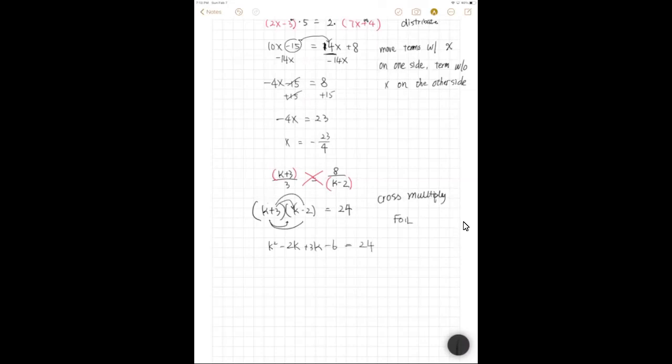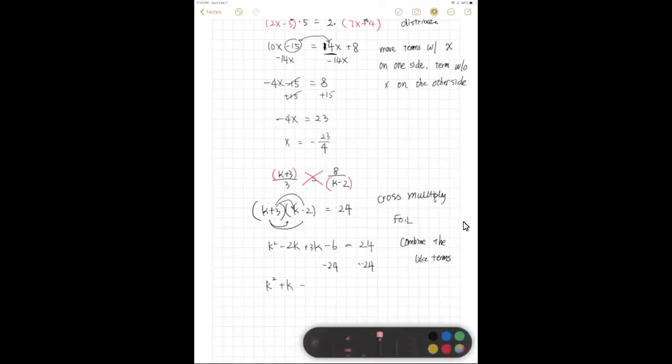And then you want to subtract 24 on both sides and combine the like terms. This step is combine the like terms. So I have k squared plus k, oh sorry, and then minus 30 equals 0.